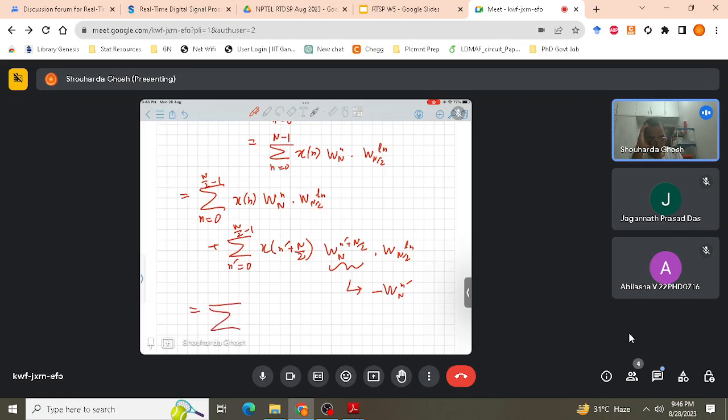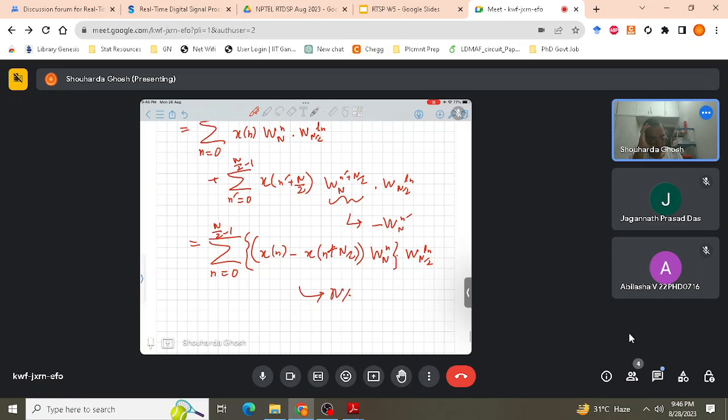So now I combine all of them and I can write the sum from 0 to N/2 minus 1 of x of n minus x of n plus N/2 times W_N^n times W_(N/2)^(ln). Again this is an N/2-point DFT.